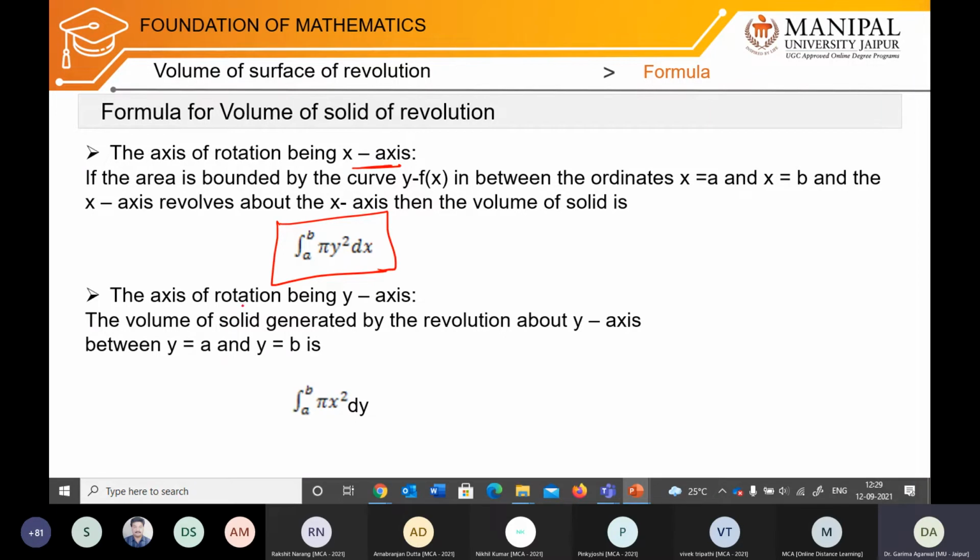If the curve revolves about y-axis, then the formula will be pi x square dy, right? In the first case, we need to put the limit of x, and in the second case, we need to put the limit of y.